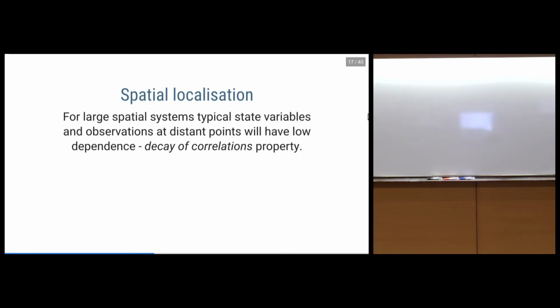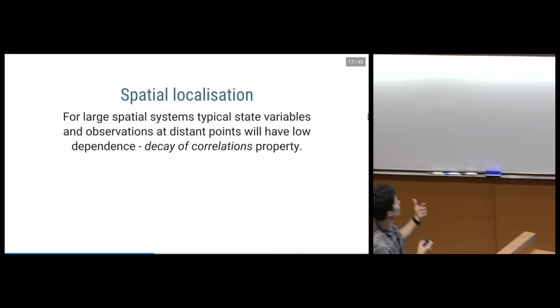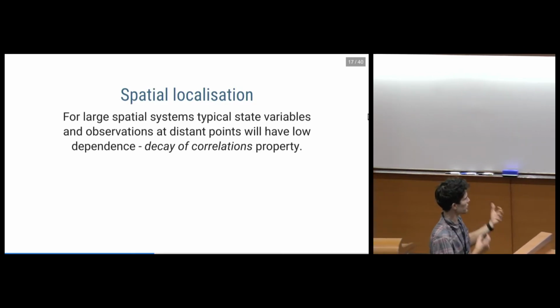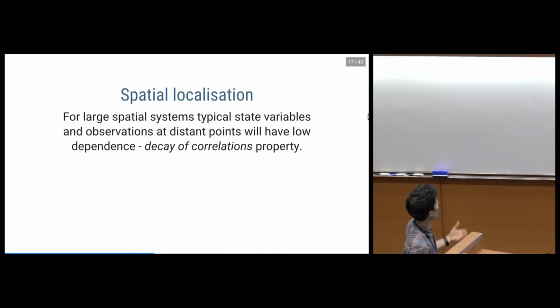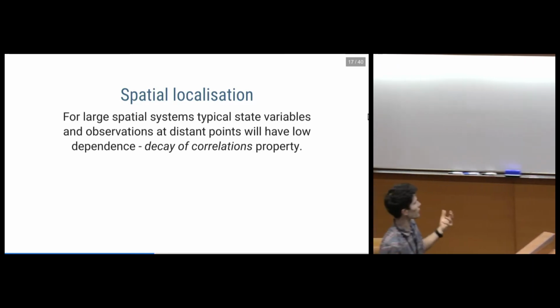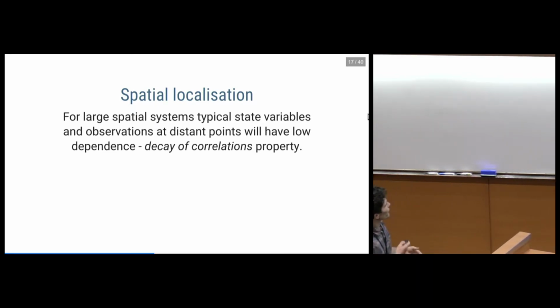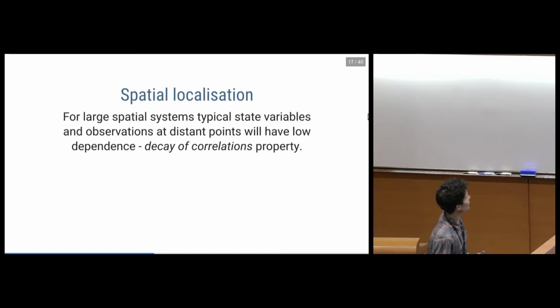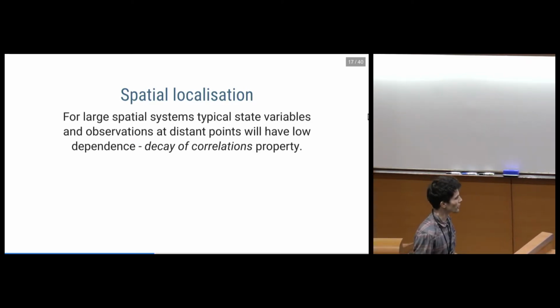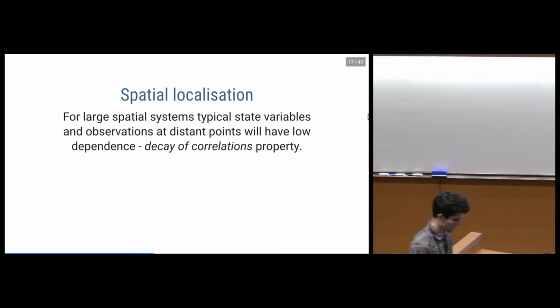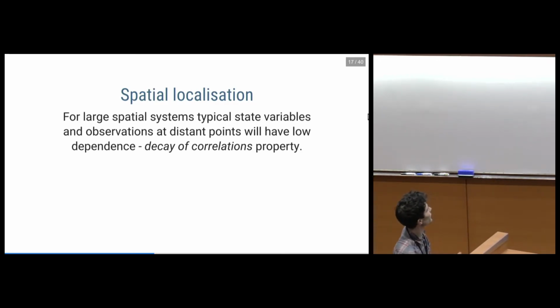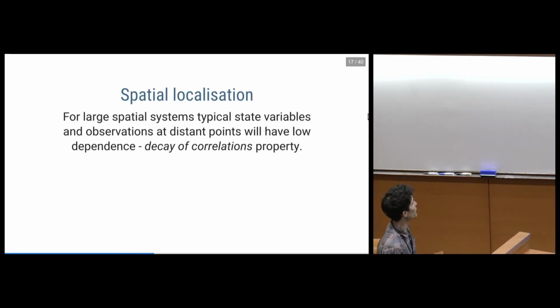So we don't expect, say, the local weather in a particular part of the world to be influenced by observations, say satellite observations, at the opposite side of the world. As I said, this is called the decay of correlations property. It's a heuristic property. It's quite hard to exactly formulate what we mean by this and to measure it in practice, but it is something that we typically expect to see in the large-scale geophysical models that we are interested in simulating.